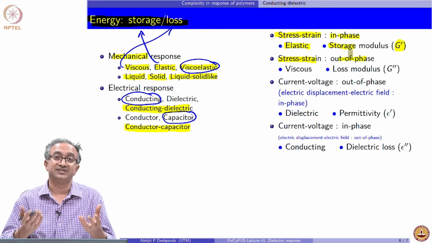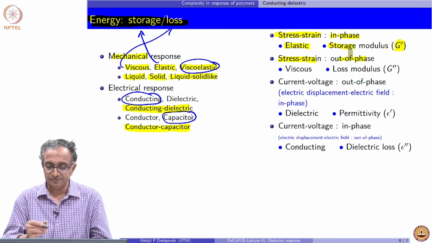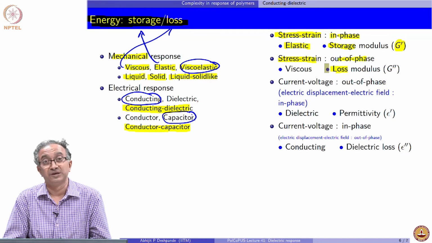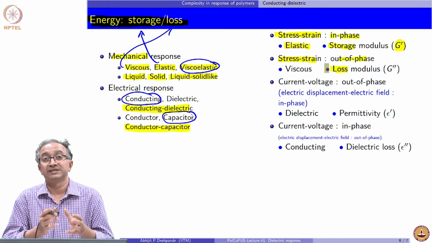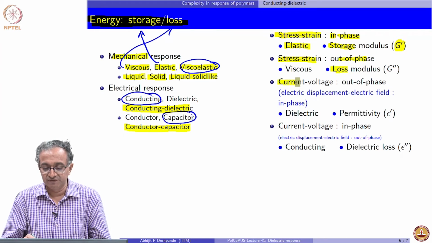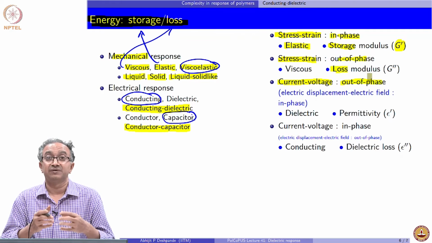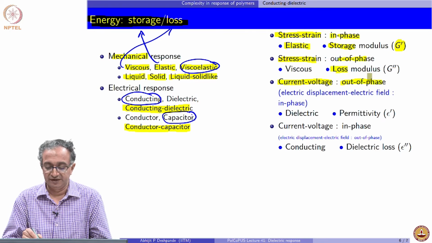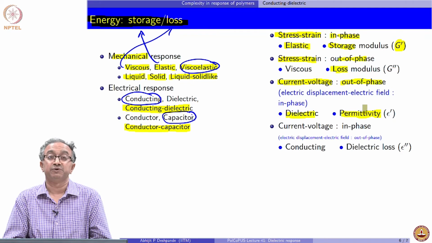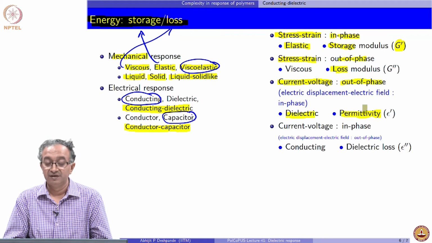So, therefore, stress and strain rate are also out of phase, and so the modulus in this case will be called a loss modulus, because it is associated with energy dissipation in the material. Similarly, we can think in terms of current and voltage. When they are out of phase, then we have energy storage in the material, and in fact then the material is called dielectric, and we define its performance using permittivity.